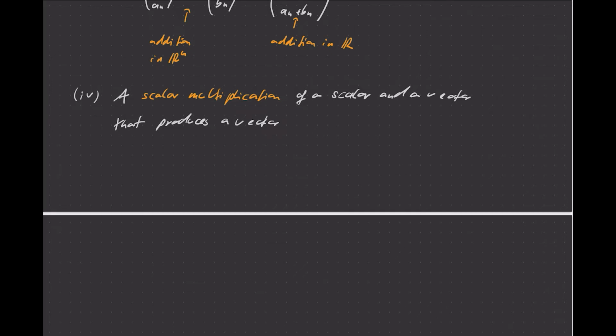Okay, so we have this multiplication. We'll denote it by a dot with a circle. And what this does is the inputs it accepts are a scalar, a real number, and a vector, an element in R to the n, and it produces an element in R to the n. See this as a function that takes these two inputs and then produces an output.